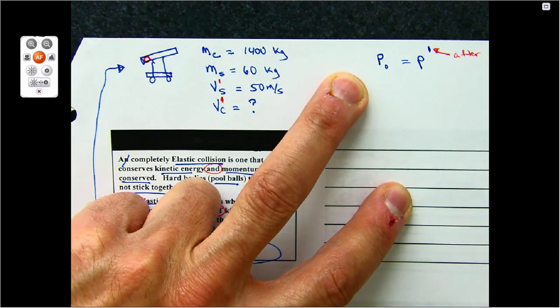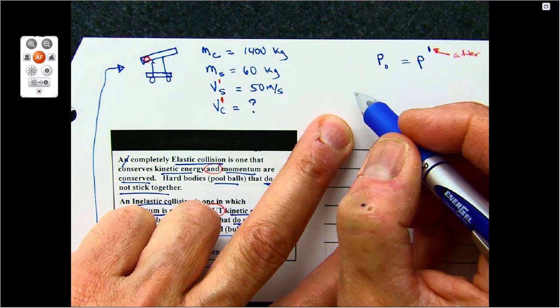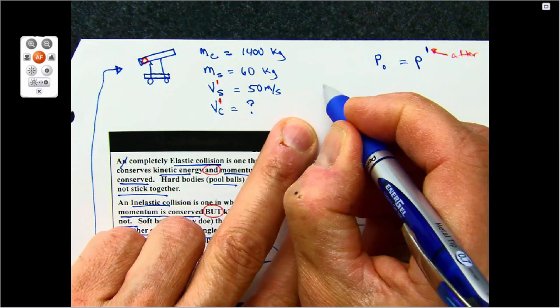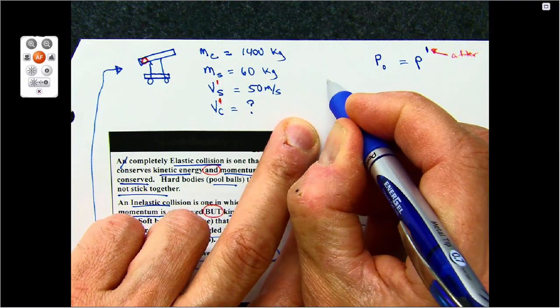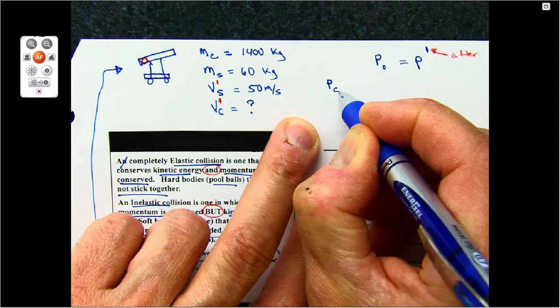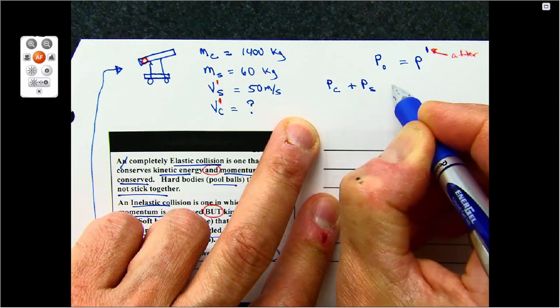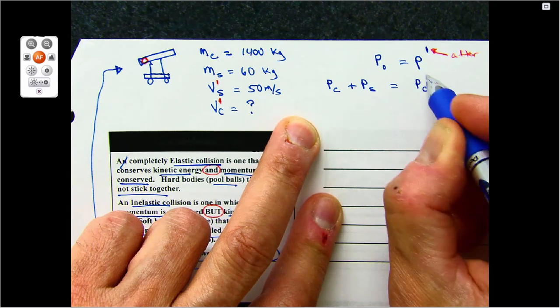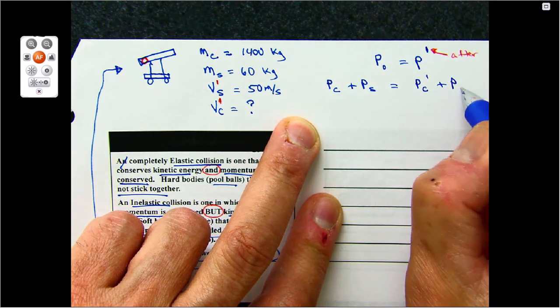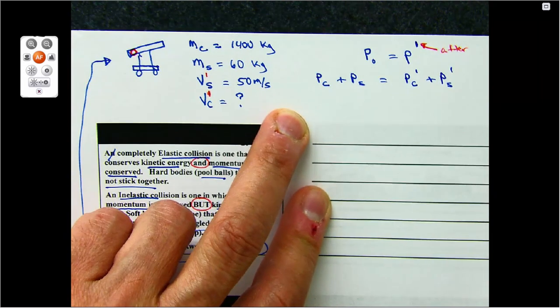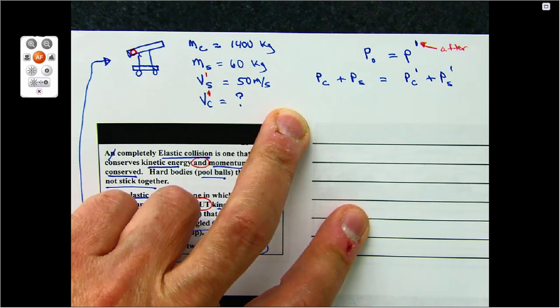So, if you really wrote this out, if you got used to this, you would say the initial momentum of the cannon plus the momentum of the shell is going to equal the momentum of the cannon prime plus the momentum of the shell prime. That's everything that's involved in this.